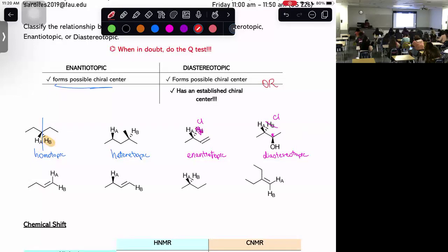There's no kind of symmetry and they're bonded to different carbons automatically. Yes, they're going to be different signals.